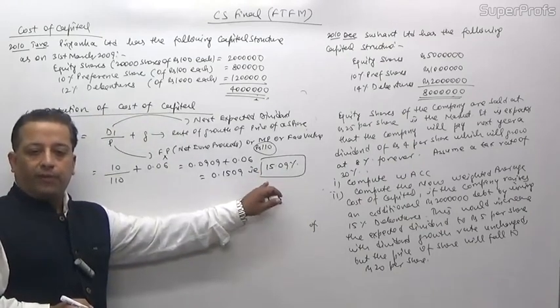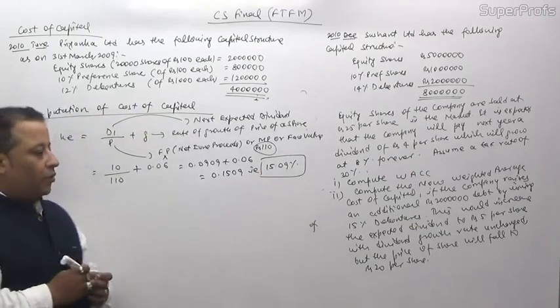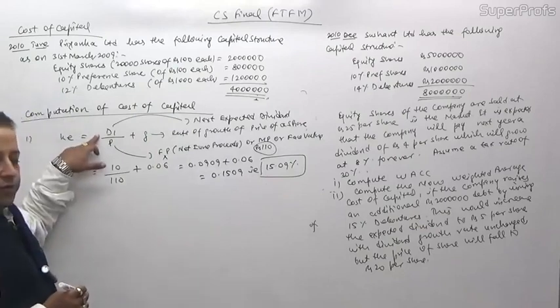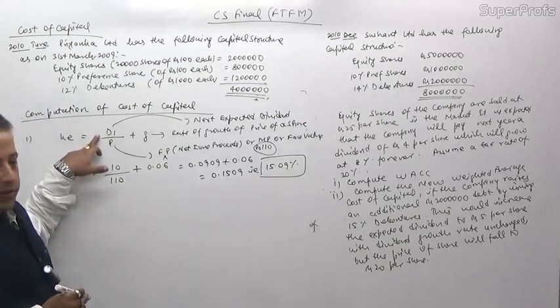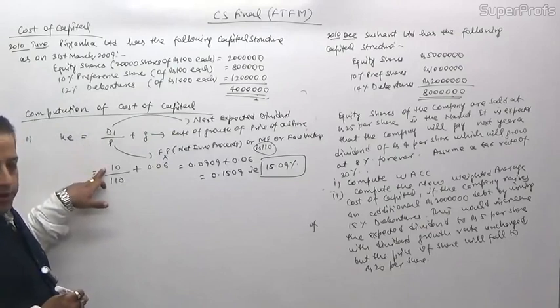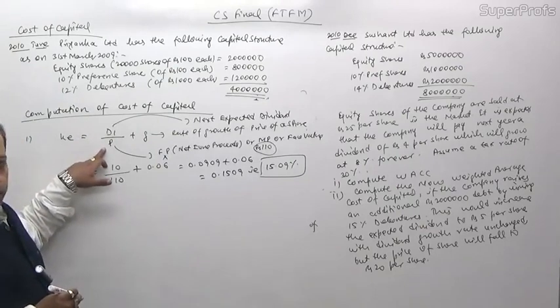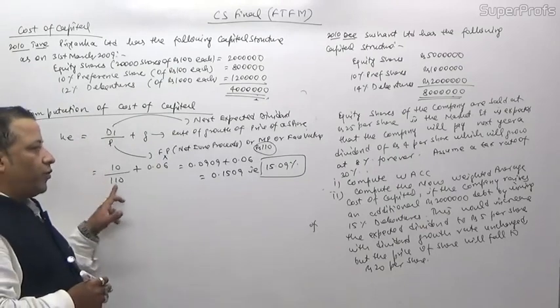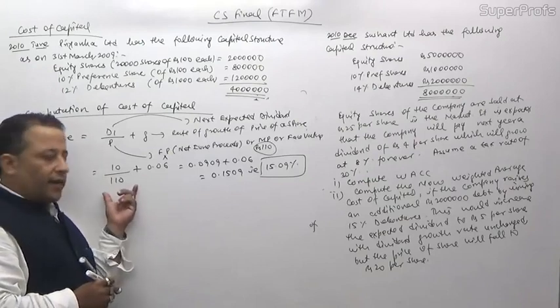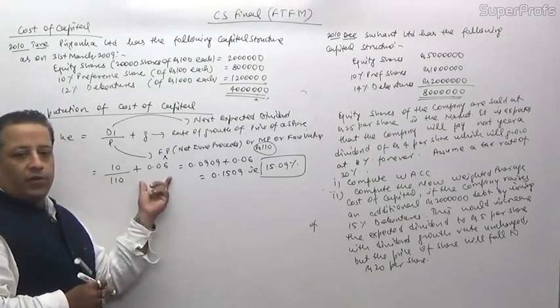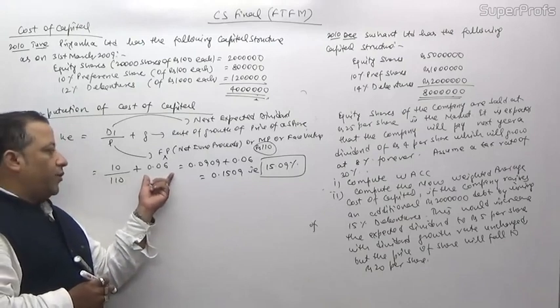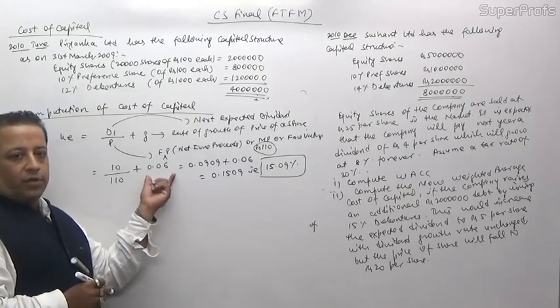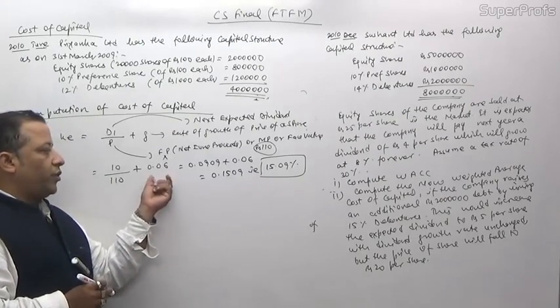amounts to 15.09%. So in the formula for the calculation of cost of equity, D1 means next expected dividend, which is already given in the question, rupees 10. P stands for flotation price or market price or face value. The market price is 110, and G stands for the rate of growth of price of a share, which is already given in the question, 6%, 0.06.